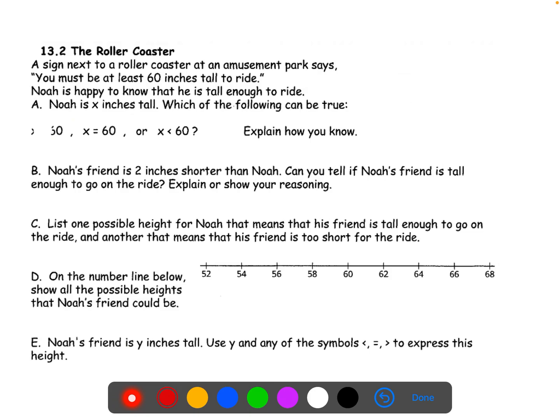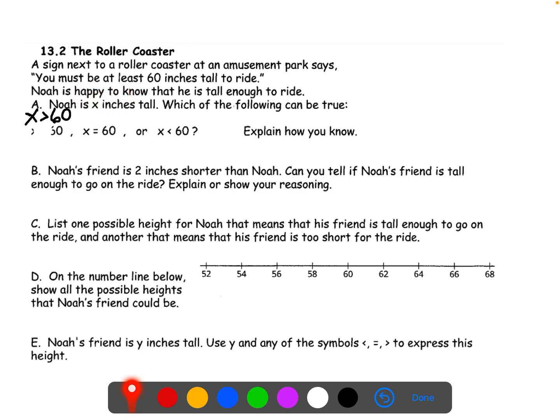All right, we had part of this cut off. This first inequality is x is greater than 60. Then we have x is equal to 60 or x is less than 60. All right, well, which of the following can be true?